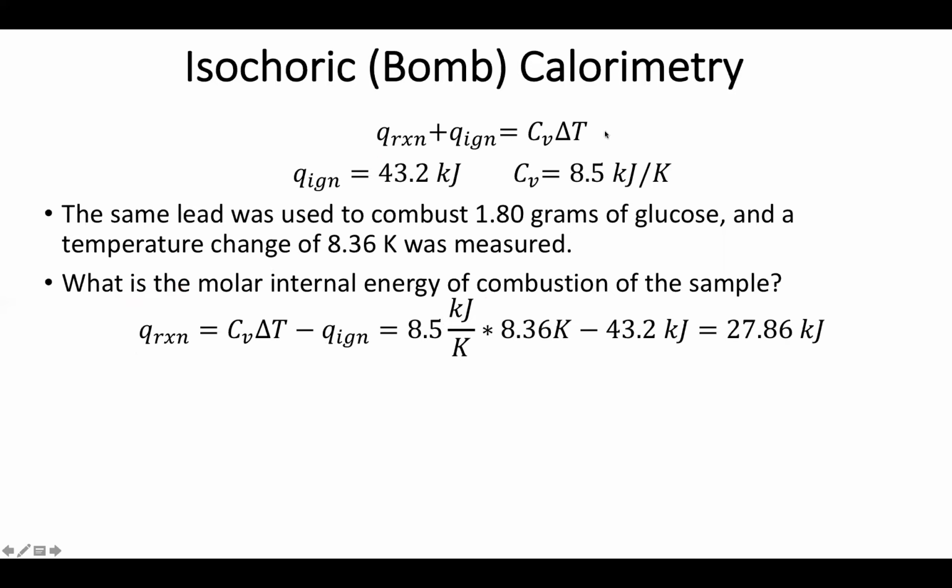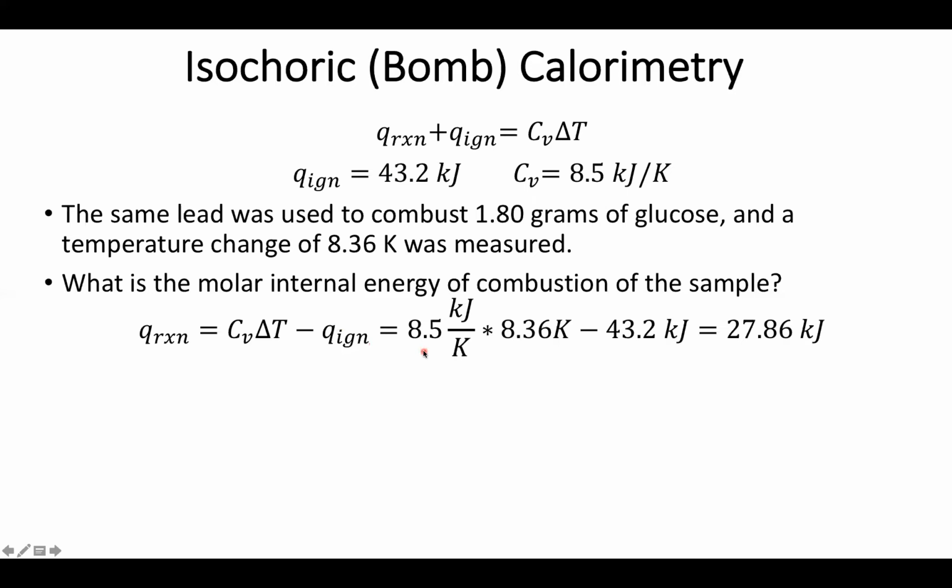So I can just rearrange this first equation and find the amount of heat provided into my calorimeter, and then subtract out the amount of heat that was provided by my ignition source instead.